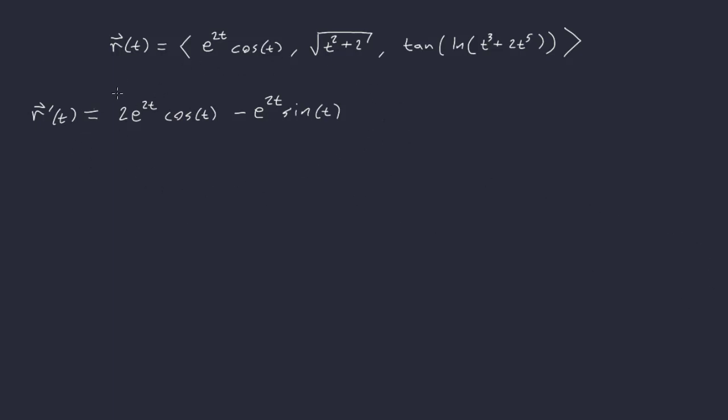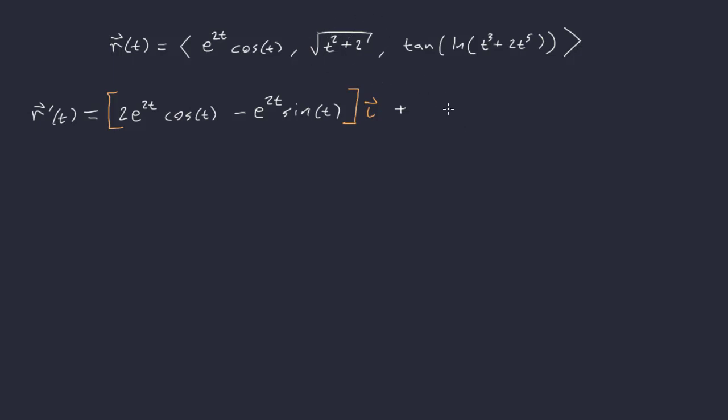So I'm going to write it with the i, just because I probably will go off the screen if I try to put it all in the bracket notation. Then we'll take the derivative of the second component, and that's the square root of stuff. So this is a chain rule.